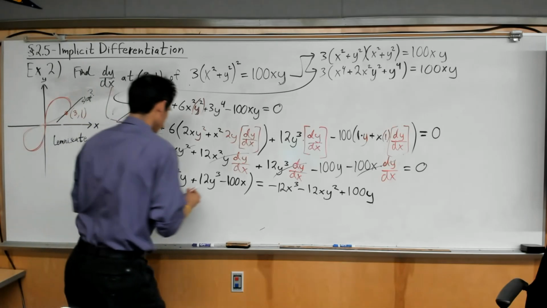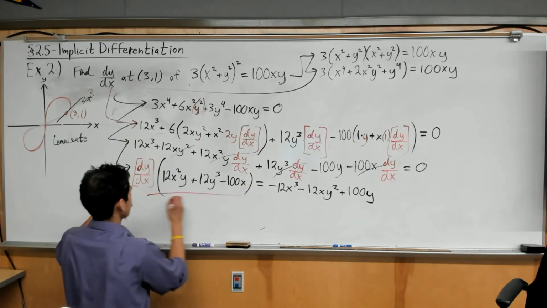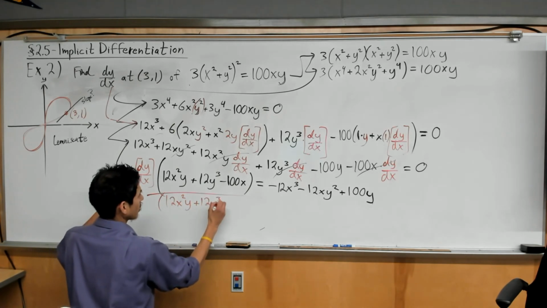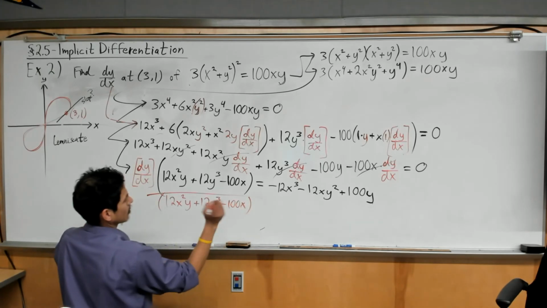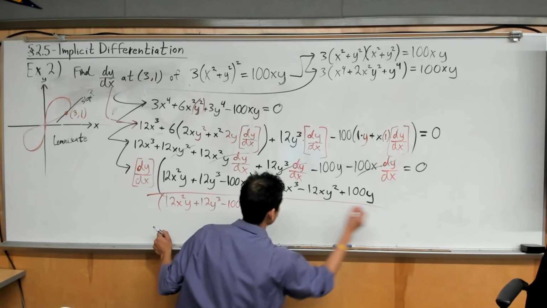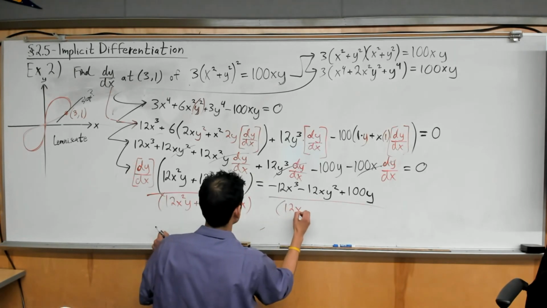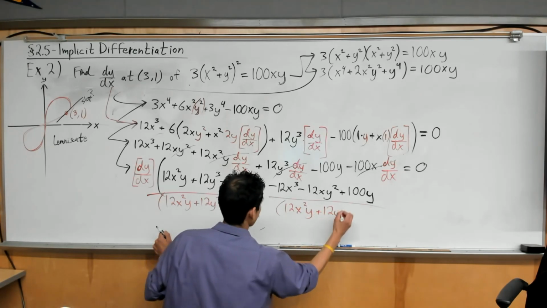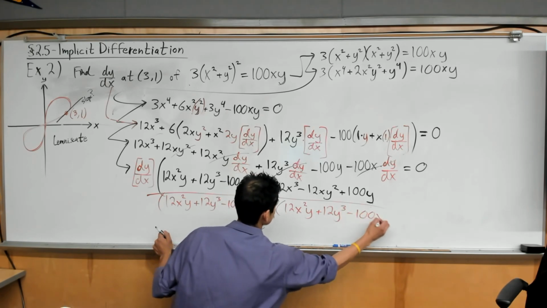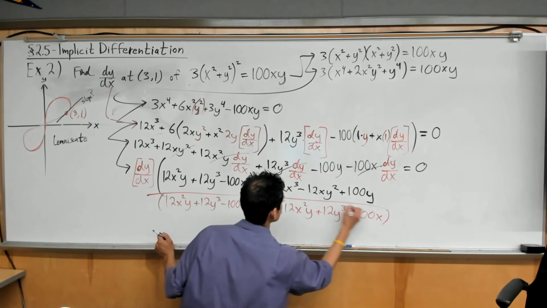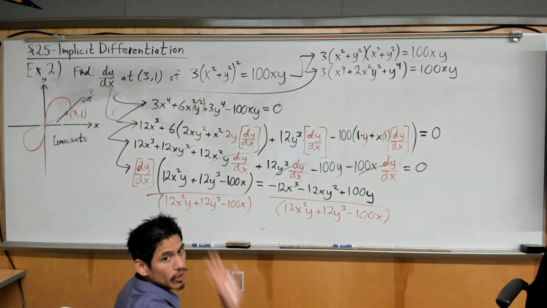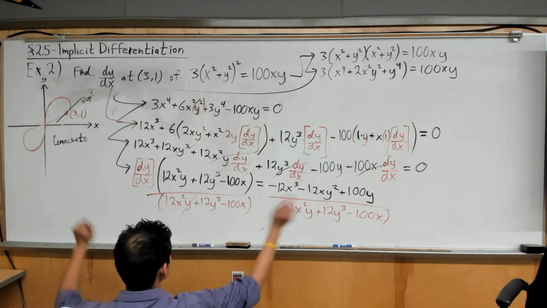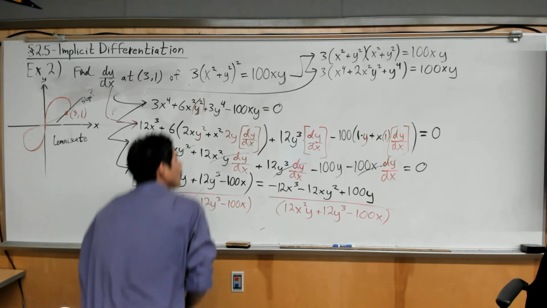Okay. Now we just divide by this, 12x squared y plus 12y cubed minus 100x, and go over here, 12x squared y plus 12y cubed minus 100x. Right? Yes, I think so. Oh man, I really hope I didn't screw up.